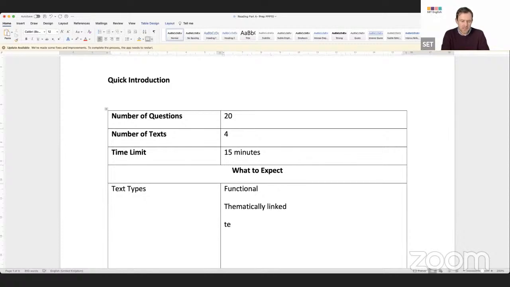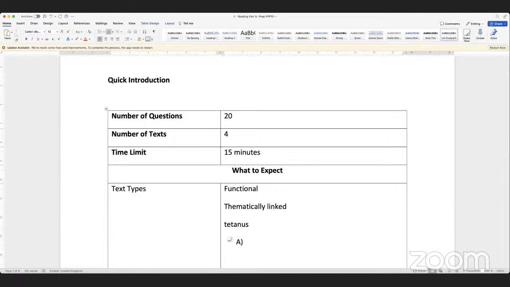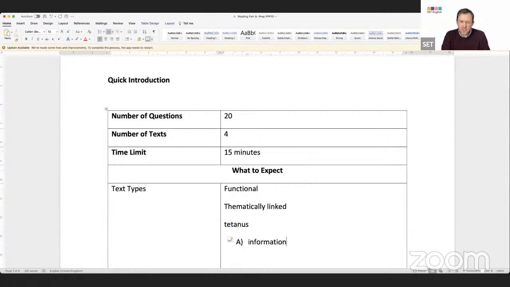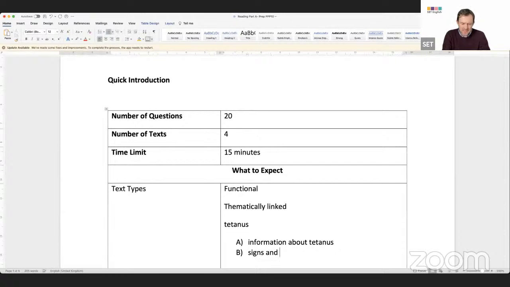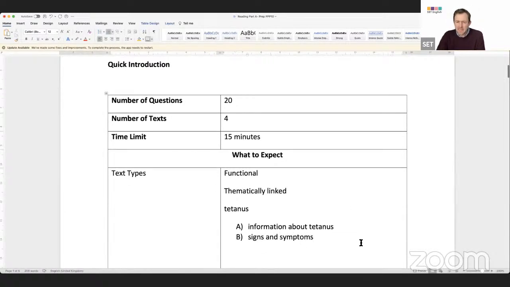Tetanus, yeah. Okay, can you think of a few different aspects to tetanus that you could possibly do? For example, generally about tetanus, some information. Yeah, okay, I like that. Information about tetanus, yeah. About signs and symptoms. So if we were looking at information about tetanus, it might say something like the bacteria.